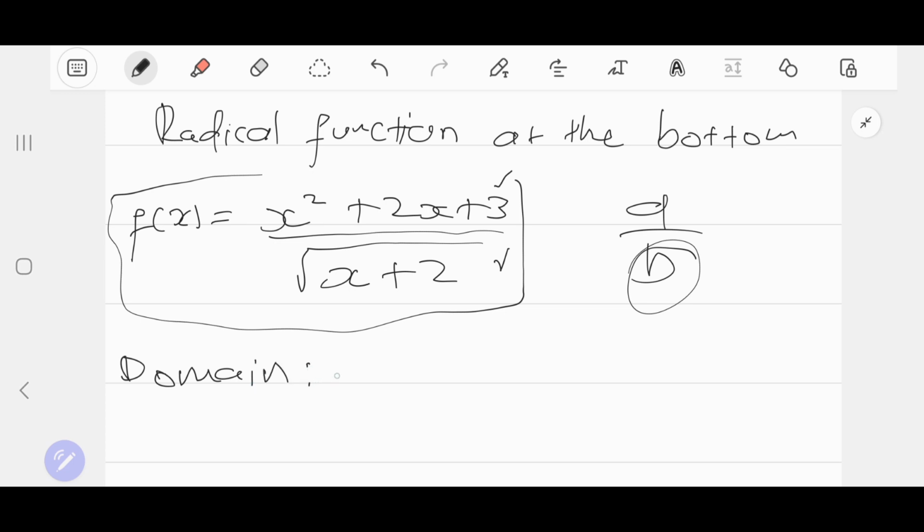The domain, people, is going to be equal to x is an element of real numbers, but the bottom part, the one on the root side, x plus 2, is greater or equal to 0.